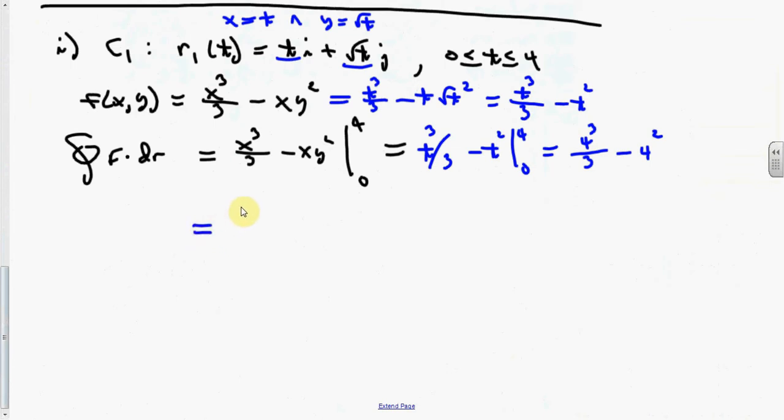That gives us 64 over 3 minus 16. And this is 64 minus 48 over 3, so what is that, 16 over 3?